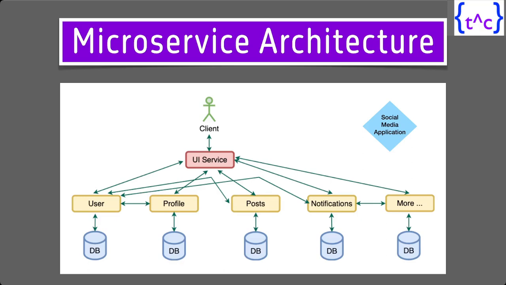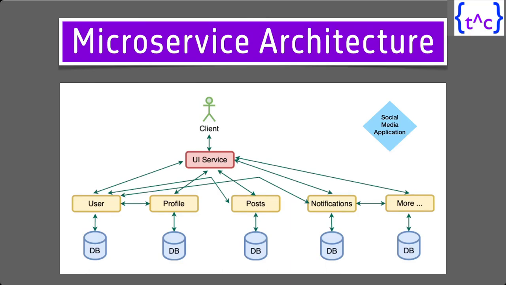So actually, the client will hardly know that there is any downtime or any problem or any disturbance in the service because he is working seamlessly. Okay, for a couple of seconds he was unable to see notifications, which is fine, right? So that's how microservices help a lot, and that is the reason it is getting so popular in the software industry.